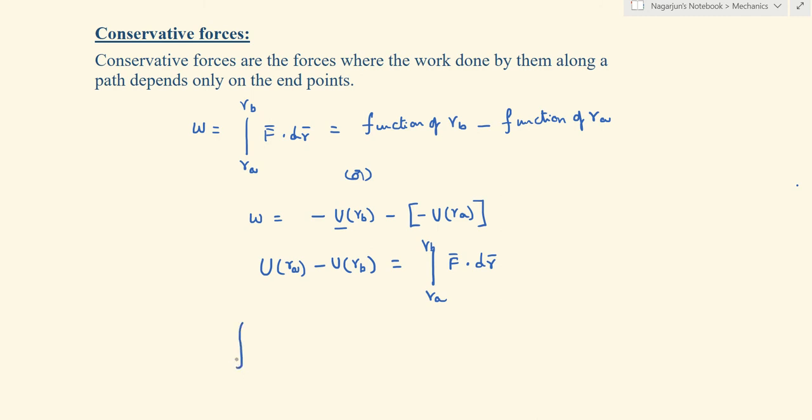In the sense, integral F bar dot dr bar over a closed path is always equal to 0. With this idea in mind, let me further develop the relation between force and potential energy.